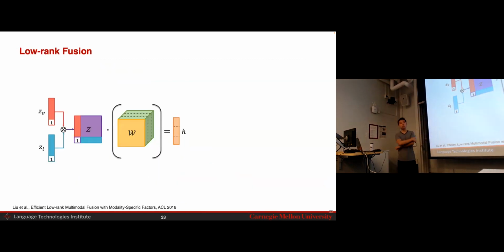So here's an example called low-rank fusion. This basically borrows the idea from the fact that any matrix can be decomposed into a sum of individual outer products of vectors, right? And the number of sums of these outer products is given by the rank of the matrix. Likewise, you can do it for tensors. So I have two modalities, two vectors, and I take this outer product, that becomes a matrix.